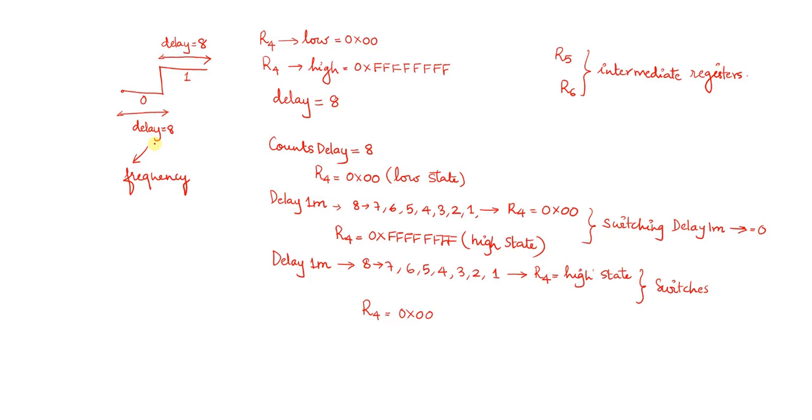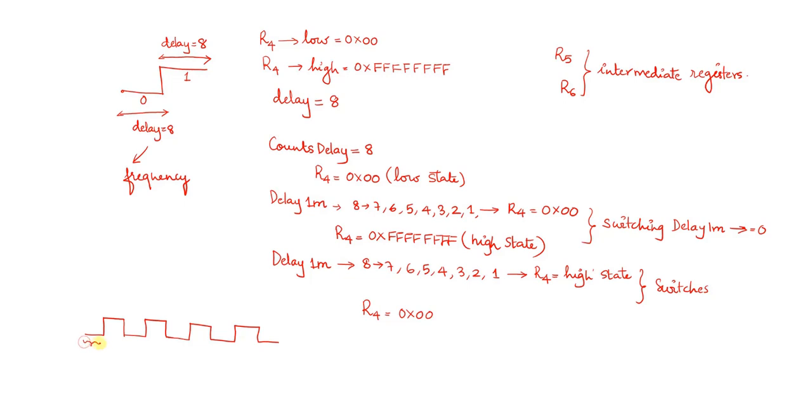So, continuously what happens is that the program will run in an infinite loop to maintain the toggling of these two stages, that is 0 to 1, 1 to 0, and so on. So, you get an infinite loop which is nothing but equivalent to generating a square wave, right.